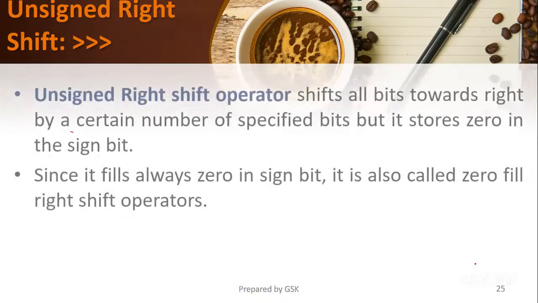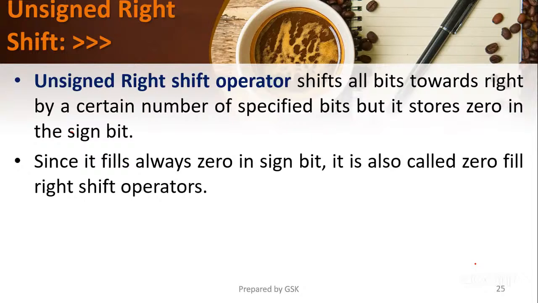Okay. Then last category, unsigned right shift operator. The operation is the same, but the major difference between signed right shift and unsigned right shift is that it also changes the sign bit. That's why I particularly covered that point in the previous slide. When you are working with a signed right shift operator, it keeps the sign bit as it is.